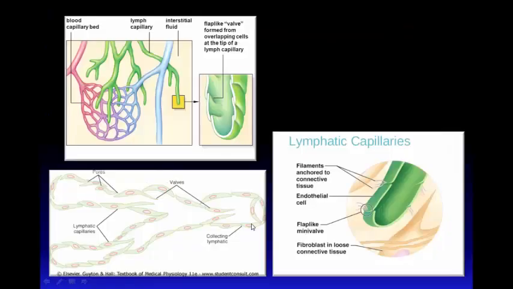So here we have figures which show the lymphatic capillaries. So this is a lymphatic capillary with filaments anchoring them to the connective tissue. And here we have overlapping of the endothelial cells of the lymphatic capillaries forming one-way valves.